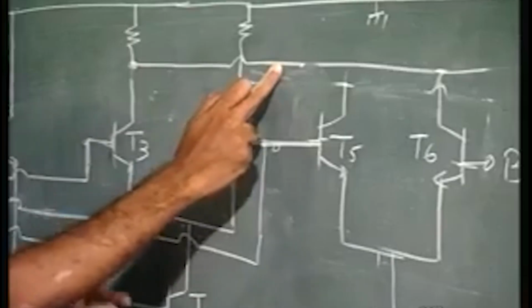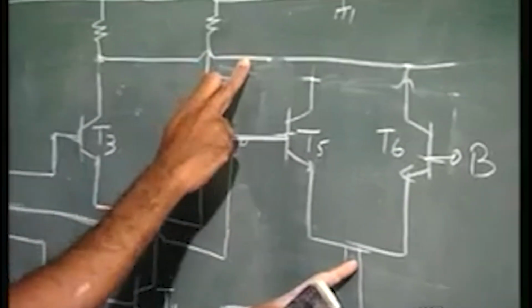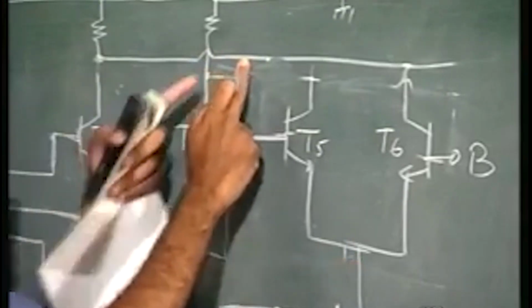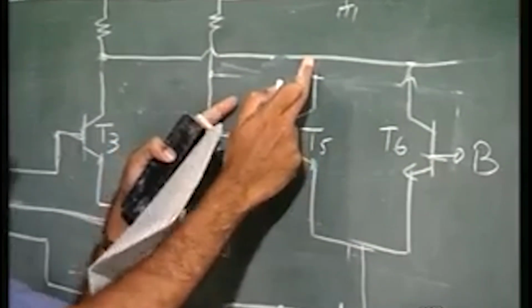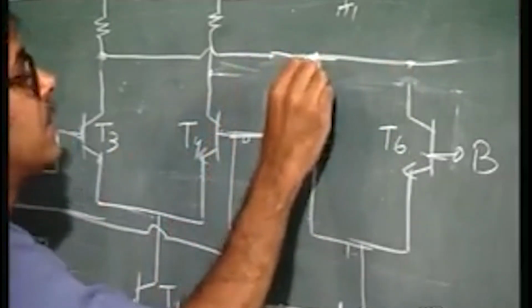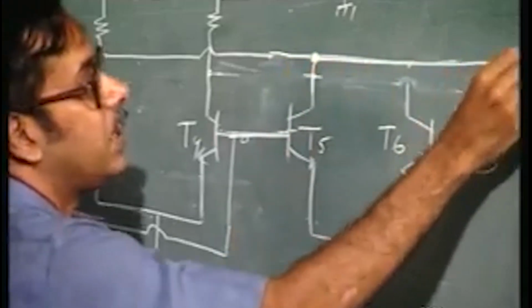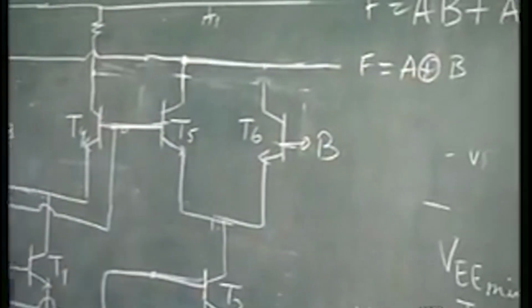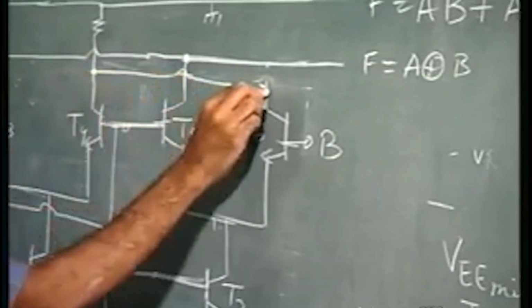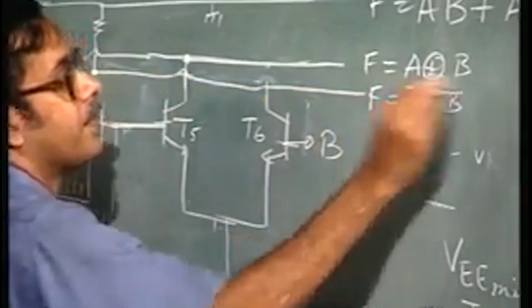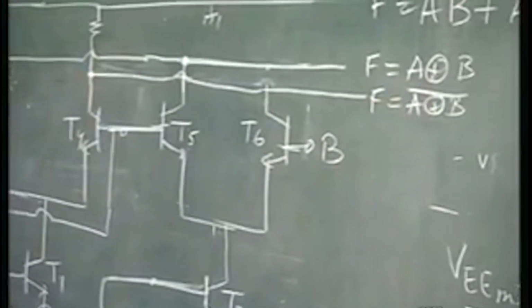When A is low, then this circuit is on, and the output should be B. So, where do you get it? This is B, you get here B, isn't it? So, you should short these two outputs here, and this is going to be F, A exclusive OR B. The other two outputs give the complement actually. All right, it is clear.